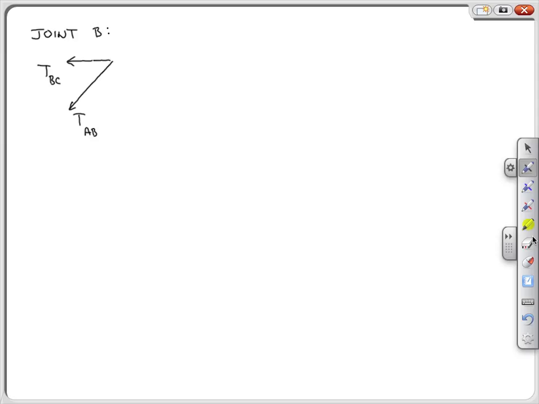Our coordinate system now has x, and from this perspective, x is this way, y is this way, and we'll just make a note here that z is out of the plane.